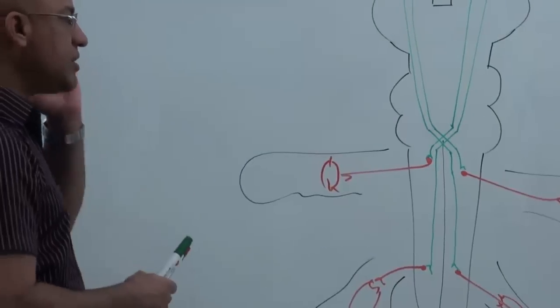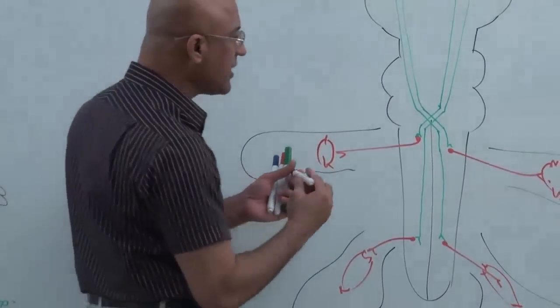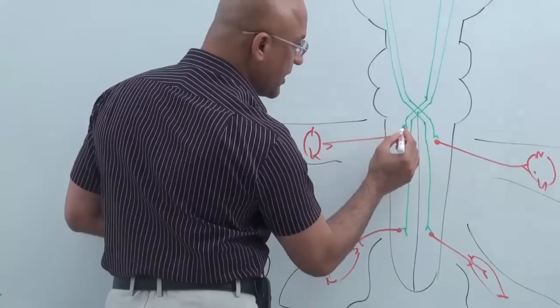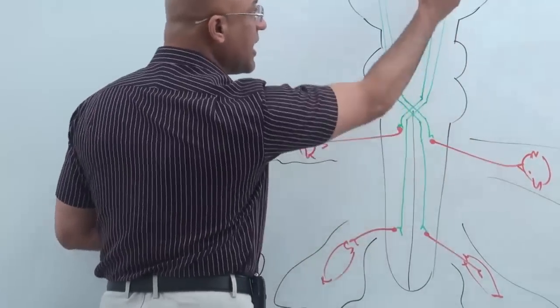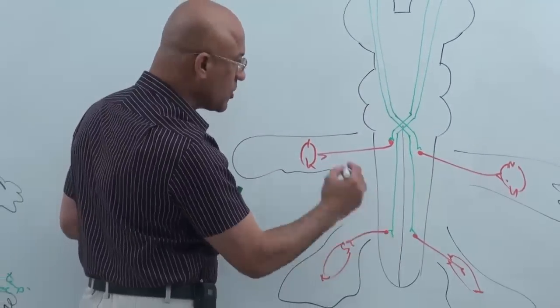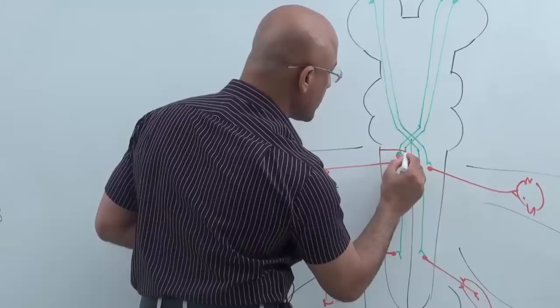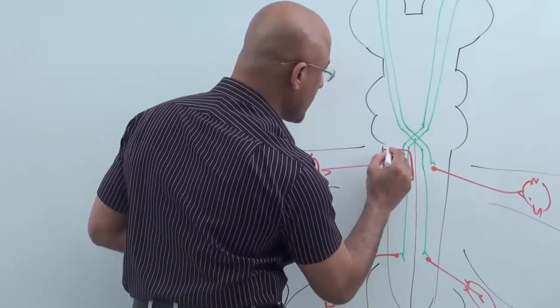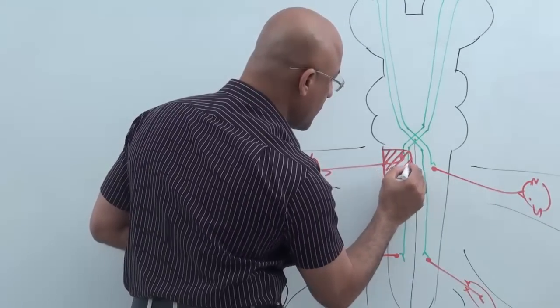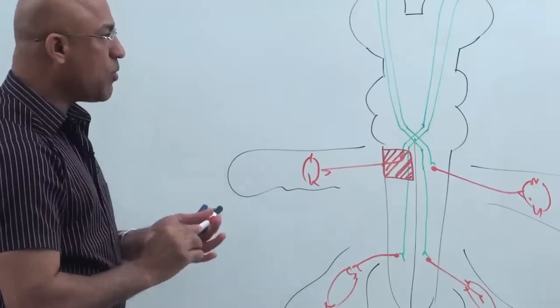Now, when there is section of the spinal cord here, let's suppose, now look here very carefully. These red neurons are lower motor neurons and green neurons are upper motor neurons. Let's suppose here was your lesion, cervical cord. Now what will happen?